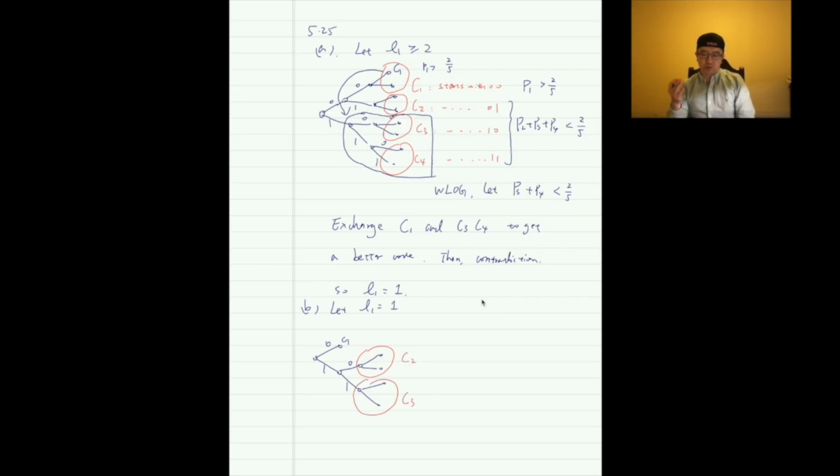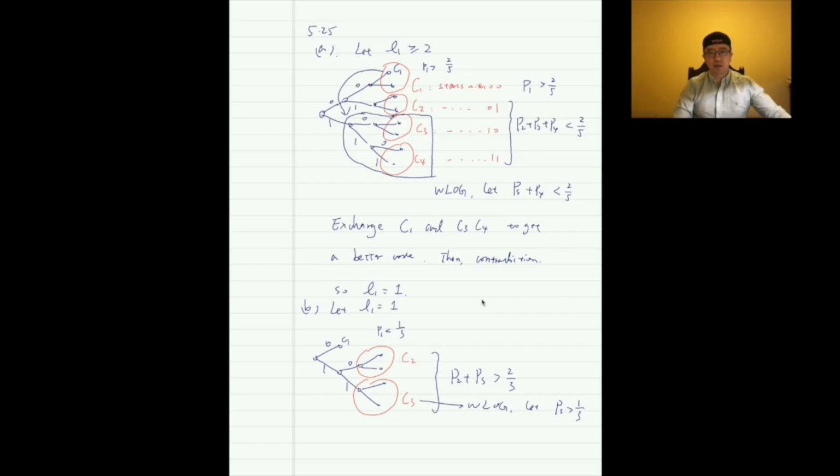Clearly C2 is the code starting with 1, 0, and C3 is the code starting with 1, 1. In this case, we can show that the probability here, P2 plus P3, should be bigger than 2/3, because P1 is less than 1/3. So this basically means that at least one of them has to be bigger than 1/3. Without loss of generality, we assume that P3 is bigger than 1/3.